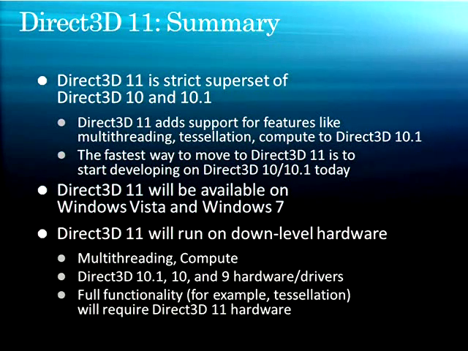It'll also run, as I mentioned before, on down-level hardware. So multi-threading and compute, 10 and 10.1. You can also get to 9 via that 10 level 9 that I talked about earlier. Probably not going to give you screaming performance, but depending on the scenario, it might be useful. Full functionality for some features, like tessellation, will require 11 hardware.